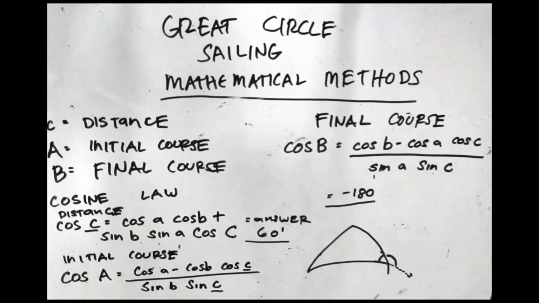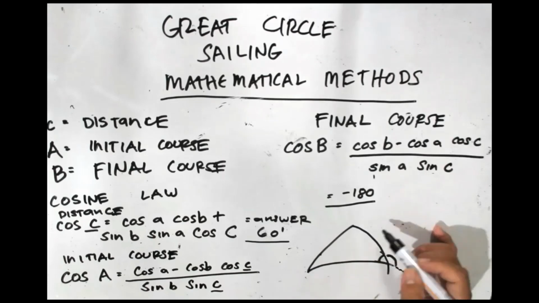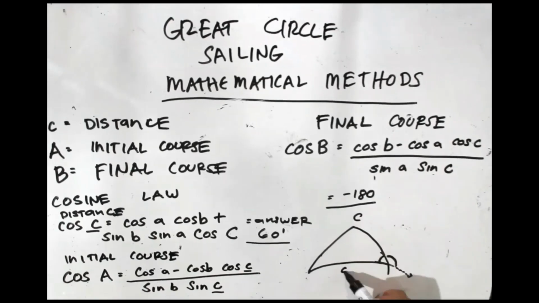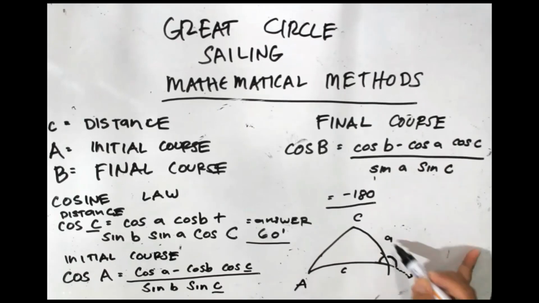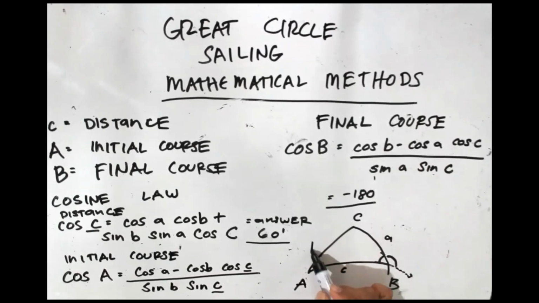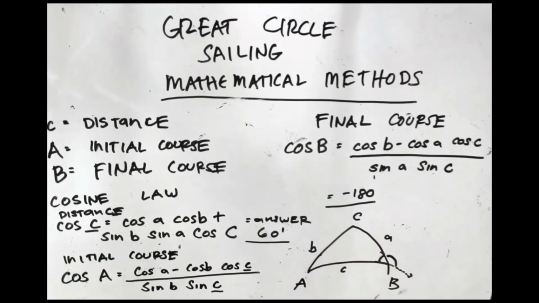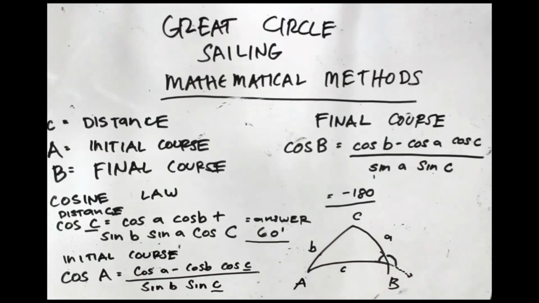Meron tayong mga references but very confusing kasi dinadirect nila yung mga component. But kung susundin natin yung great circle or yung spherical triangle na method na C na small a and A na small, B and B na small, ay magiging madali lang yung ating magiging computation by derivation from the cosine law. Okay? Ito yung first part ng component to solve for the distance, initial course, and the final courses. Okay?